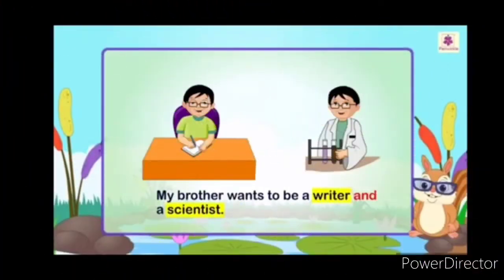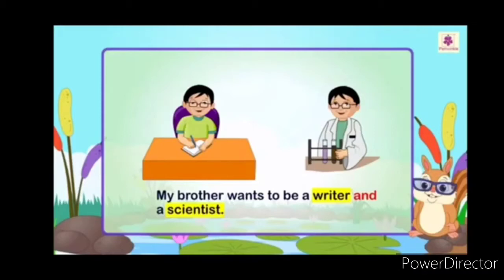Look at the example given here, children. My brother wants to be a writer and a scientist. So here the person, the brother, wants to be both. Both are related to profession. Writer is a profession, scientist is also a profession.